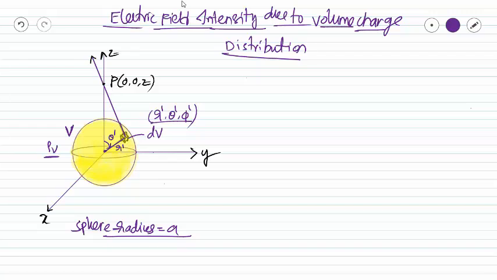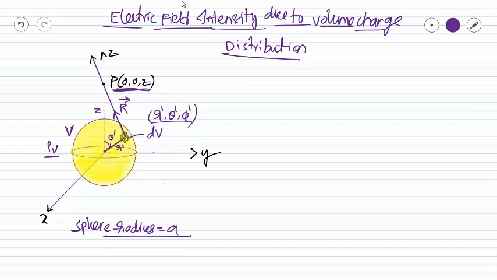From the reference point we draw a vector to the point of interest, P, which is 0, 0, z, at which we would like to find the electric field intensity due to this volume charge distribution. This vector is our r bar. As this point is 0, 0, z, the height from the origin will be z.